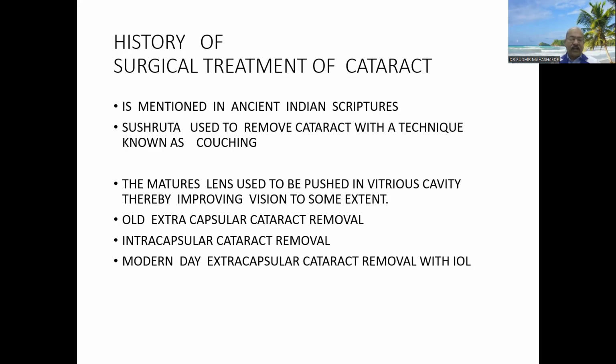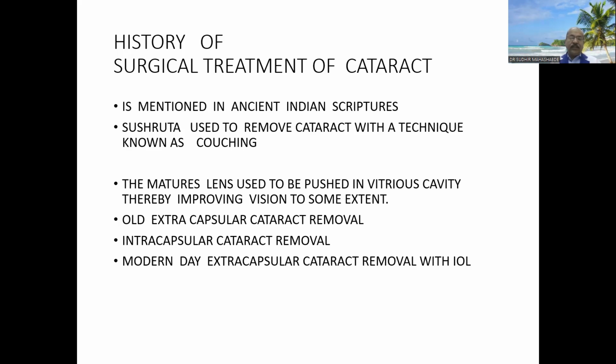We entered the eye, opened the capsule, removed the nucleus, and then the intraocular structures were washed with sterile solution, and the wound was closed without sutures. That too had certain problems.